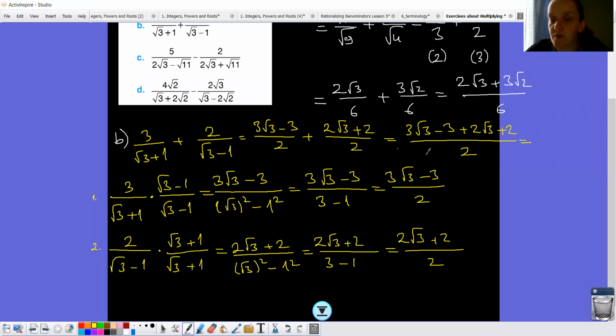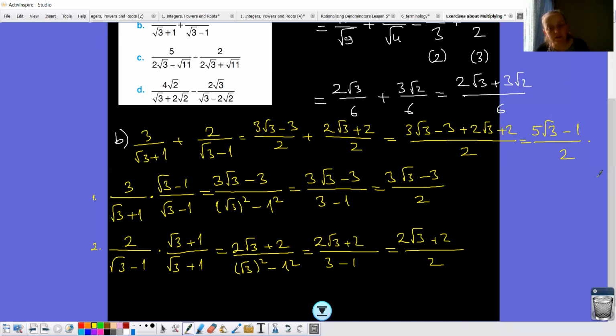Now what will we do in the numerator? Look, root 3, root 3, they are the same, so I can add them. I will have 5 root of 3, and here I have minus 3 plus 2, minus 1, over 2. And this is the result for B.